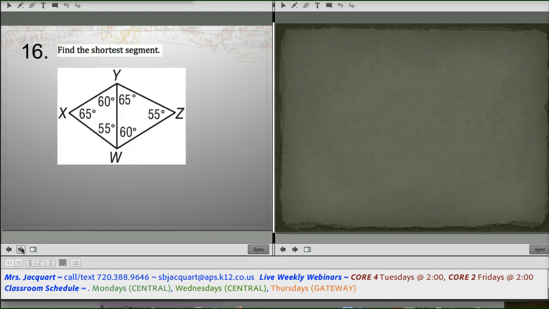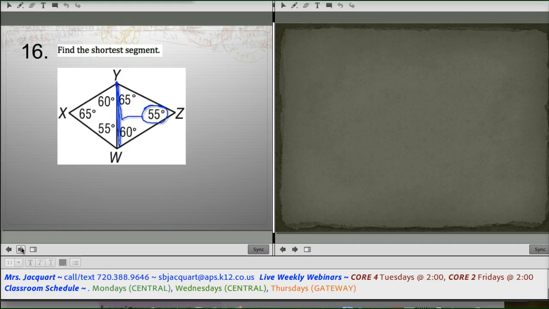Find the shortest segment. Okay, we've got to find the shortest segment. So we're going to look at our smallest angles, right? And that's dealing with that side.